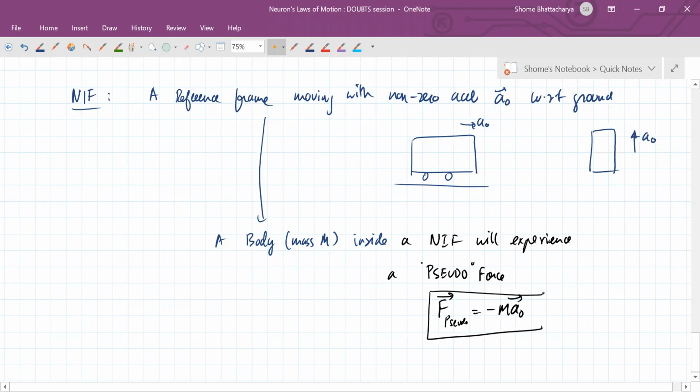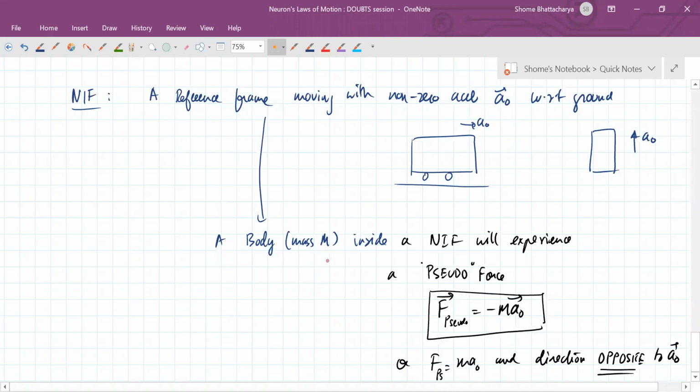Or the magnitude of the pseudo force is m a naught and the direction is opposite to a naught.